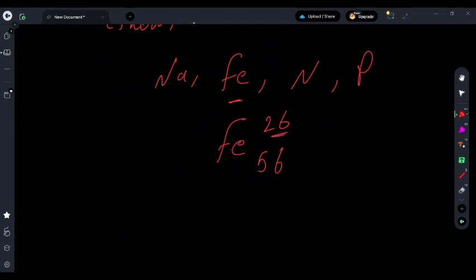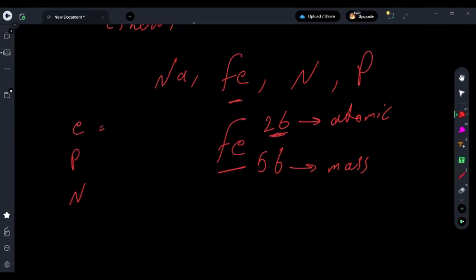The small one, all the time, we call it the atomic number. The big one, we call it the mass number. Now, if we need to determine the number of electrons, protons and neutrons inside the iron atom, what will it be?